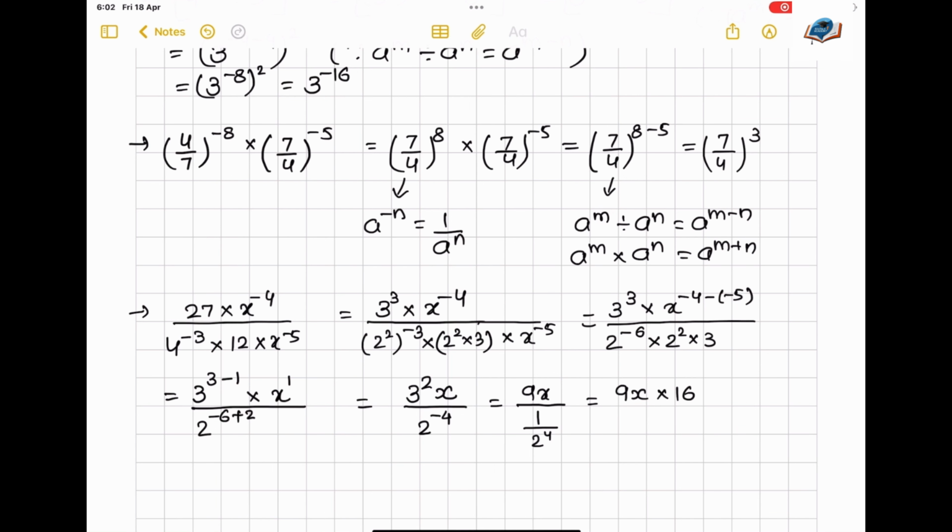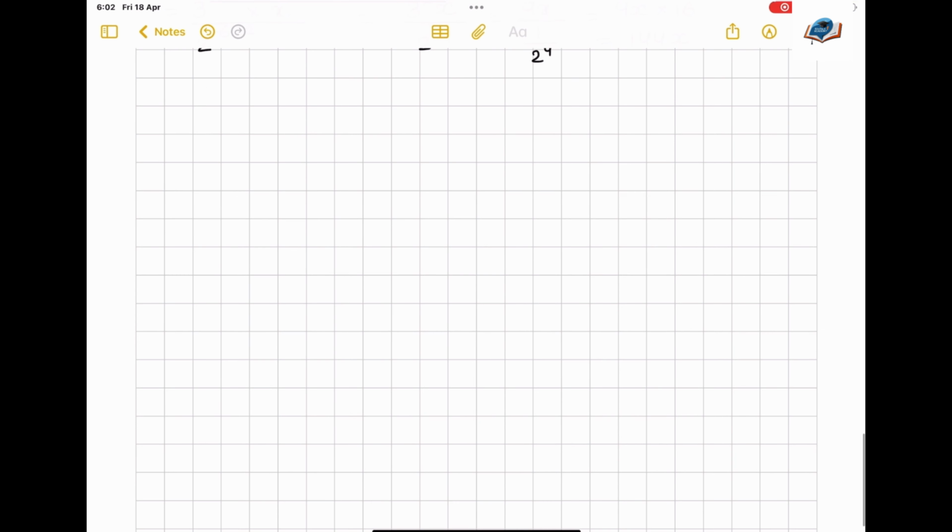Now, one more pattern of questions they ask, that is evaluate. Now, here one may be like this: 1 upon 4 whole raised to 4 divided by 1 upon 4 whole raised to 4.